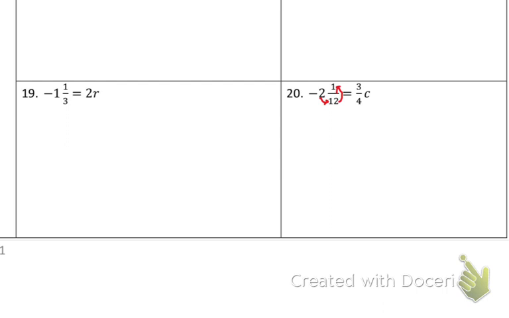Well, it says it's negative, so we keep the negative outside. It is all self-contained. When we do this, it is 2 times 12, which is 24, plus 1 is 25, and then we reattach that negative, and it should be negative 25 over 12.